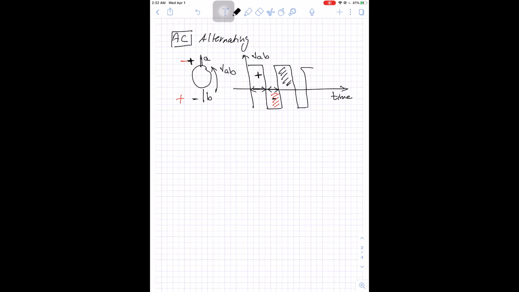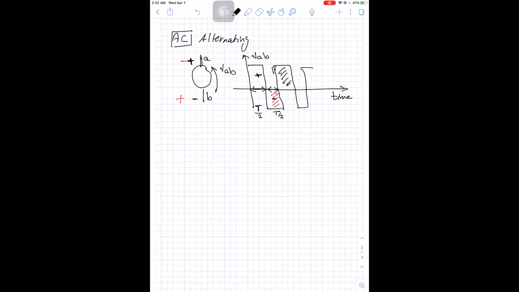And the polarity will keep flipping after each time T. Let's name this as T over 2, T over 2, and so on. So after each time, the wave will flip, and it's a kind of periodic wave.